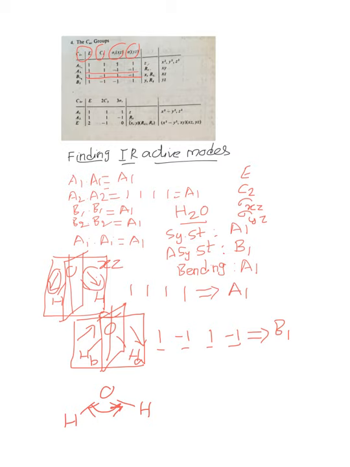If you apply all the four operations, identity, C2, sigma xz and sigma yz, nothing will change. The direction of arrows will not change. So this is also A1. So symmetric stretch is A1, anti-symmetric stretch is B1, bending is A1. Now we see whether these vibrational modes are active in IR or not.